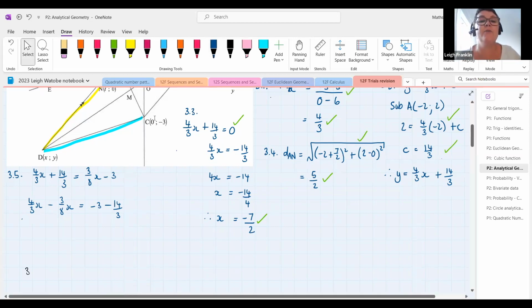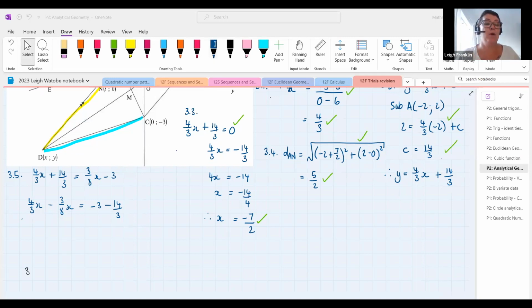What can I do to get rid of my denominators here? Okay, but if I times by 3, is it going to help where my denominator was 8? So Lebogang, you're correct. Find an LCD. What would the LCD be? So we've got two denominators that are 3, one denominator that's 8. What would my LCD be?